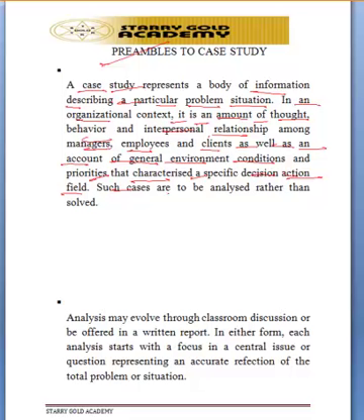Such cases are to be analyzed rather than solved.